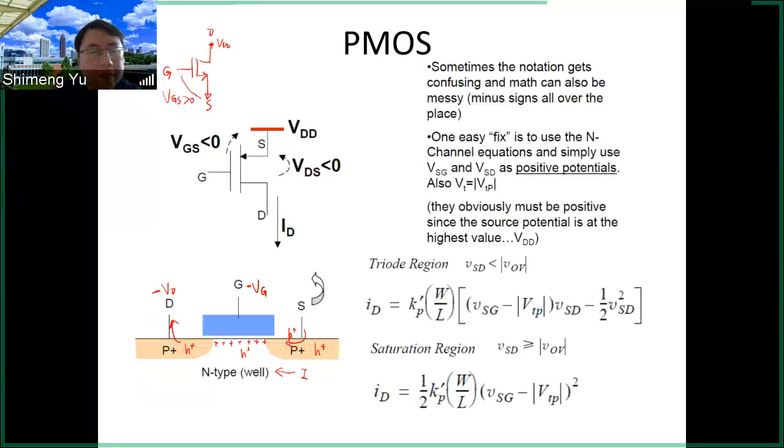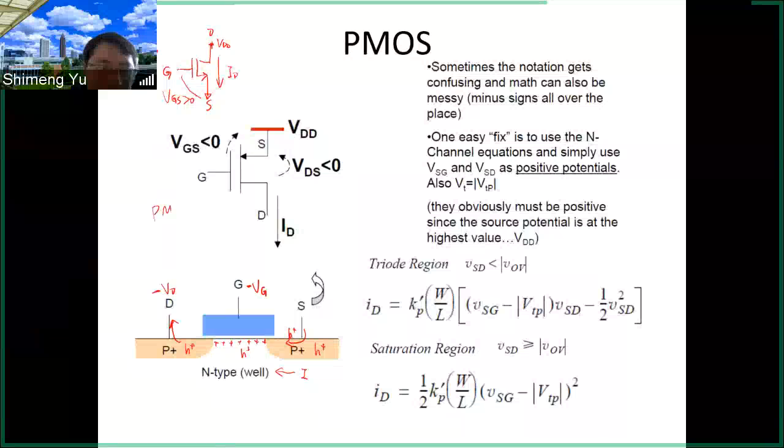We need VGS larger than the threshold to turn on the transistor to have the current from the drain to the source. This is the NMOS we discussed before. But for PMOS, everything will be reversed. Still this is the gate, and source and drain need to be reversed.